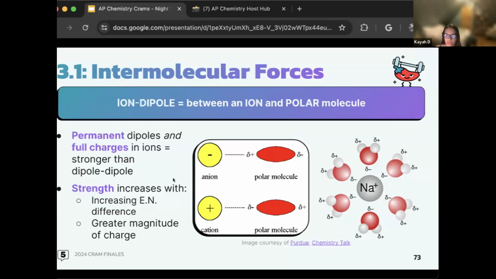Okay? So ion-dipole forces, similar to dipole-dipole forces, have permanent dipoles, and they have full charges in ions, which makes them stronger than dipole-dipole forces, right? And the strength of these increases similarly with increasing electronegativity difference and greater magnitude of charge.